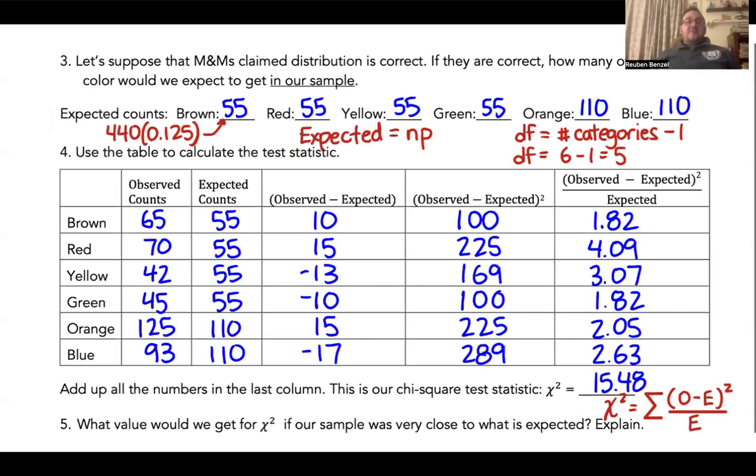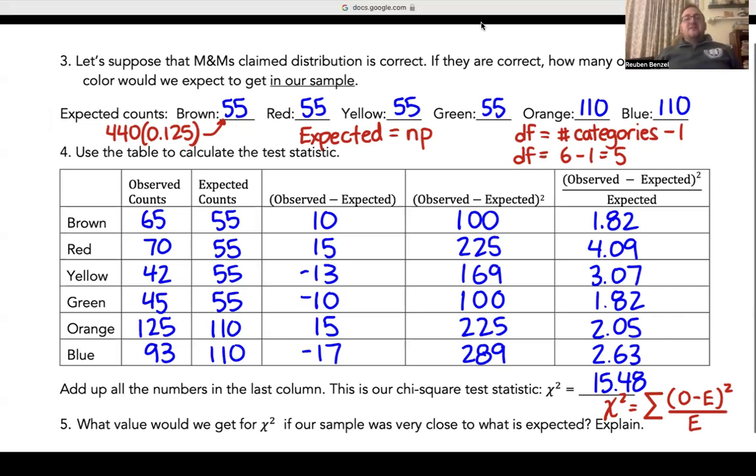All right, so this is a sample chi-squared calculation. In the 440 M&M sample that we have, what we would expect is we would just do the expected percentages. So for instance, and I'm just going to add a little bit here. We get 55 because it's 440 times 0.125.